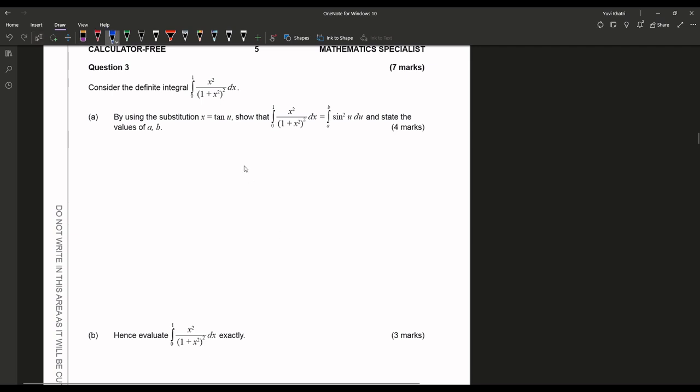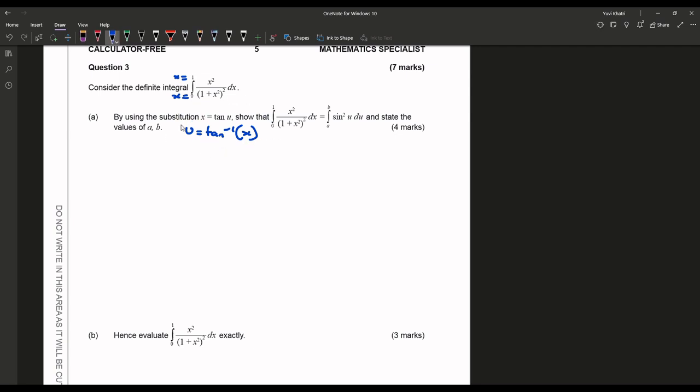Now question 3 gives us this integral, and we're meant to use the substitution x equals tan u to show that this integral equals this, so we go to set bounds. First up, if x equals tan u, then u equals inverse tan of x. Remember that this is x equals 0, and this is x equals 1, and we've got to convert them to u bounds.